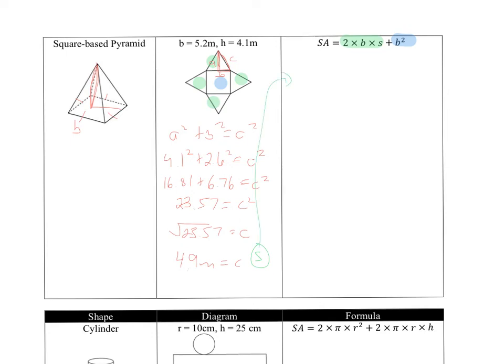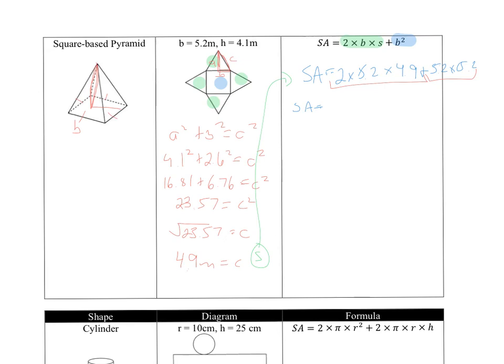Okay, so let's put some dimensions in here. So we have surface area equals 2 times my base, which is 5.2, times my slant height, which we know is 4.9, plus our base squared, which is 5.2 times 5.2. As you can see, I'm still learning to write on here. It's slowly coming. So surface area equals, we need to do our multiplication first.